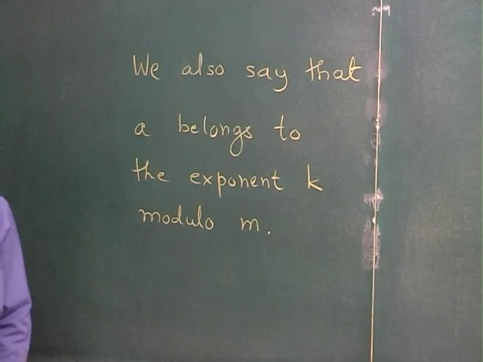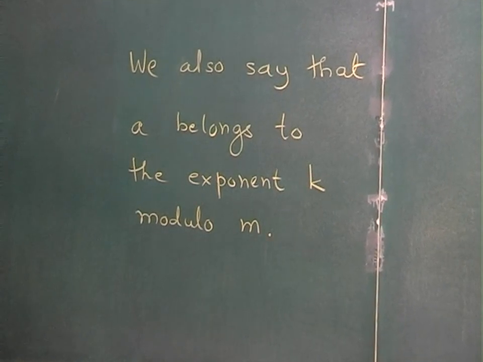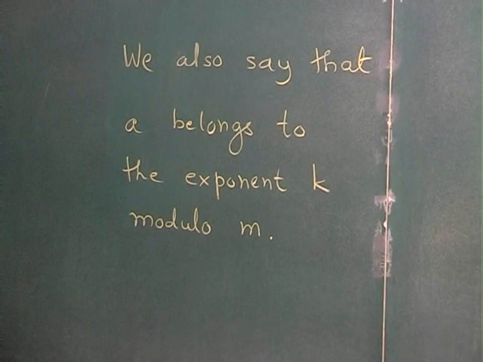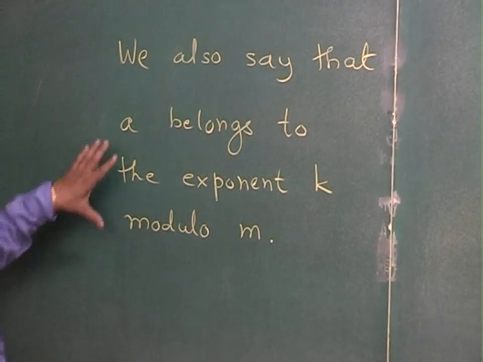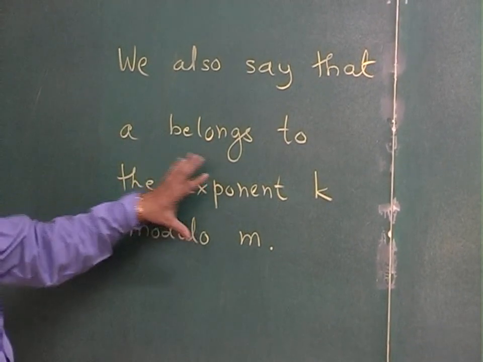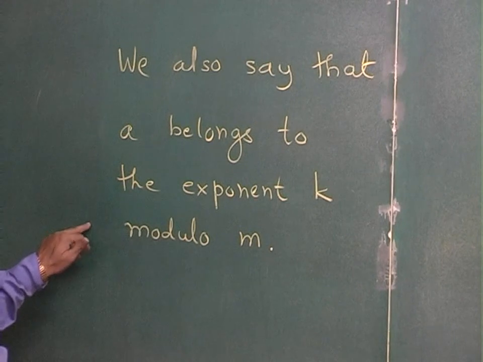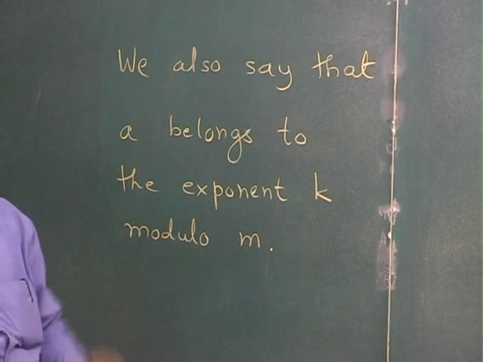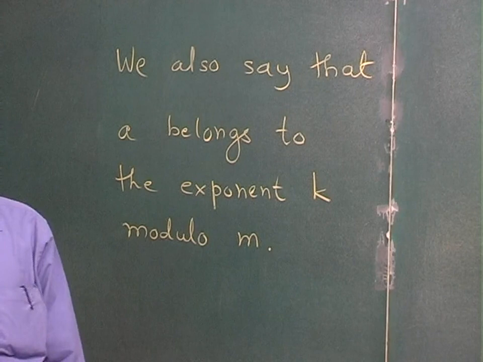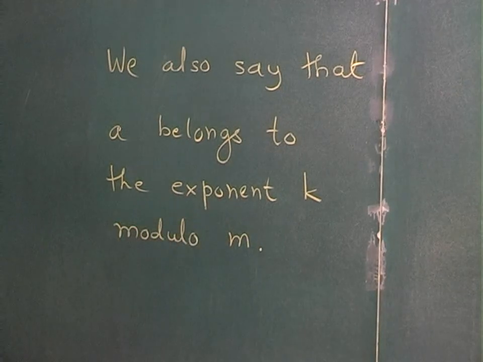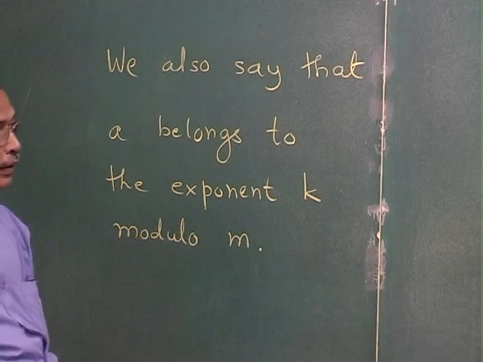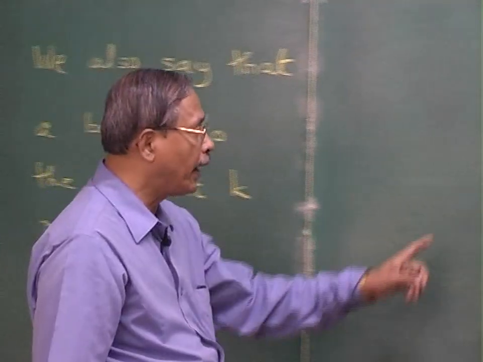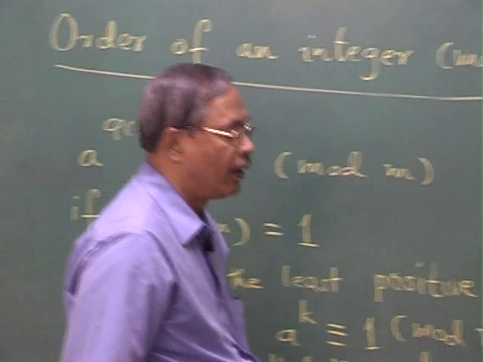This way of saying is old terminology. But nowadays, as in group theory, we have the concept of order of an element in a group. Similarly here we have order of A modulo m.